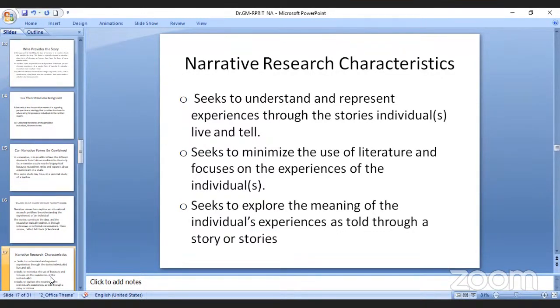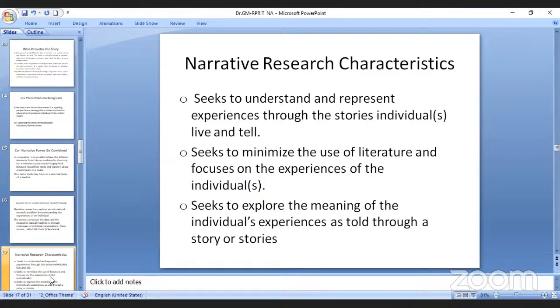Then it seeks to minimize the use of literature and focuses on the experience of the individuals. There is no literature, there is no grammar at all. The focus is on the life experiences of the individual.